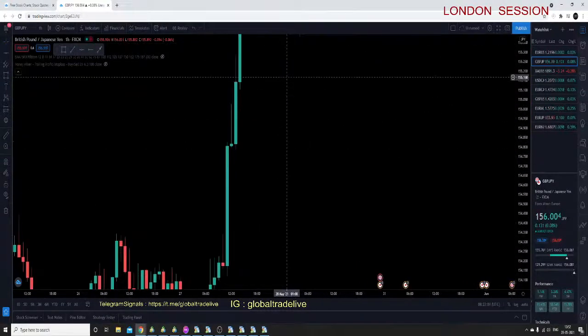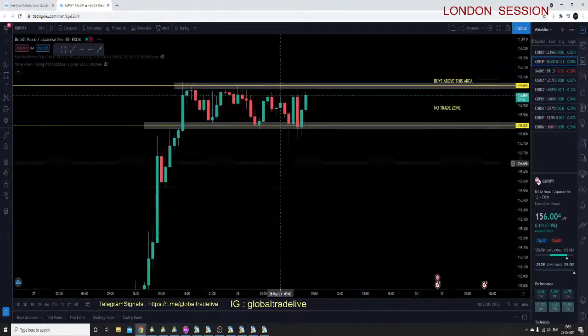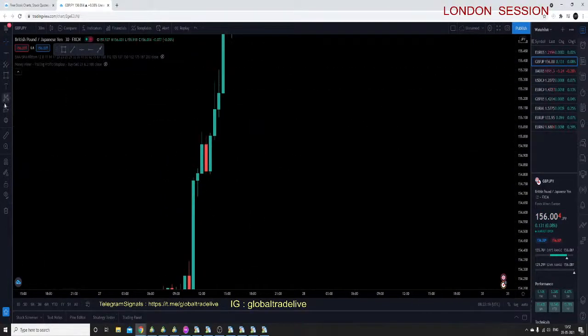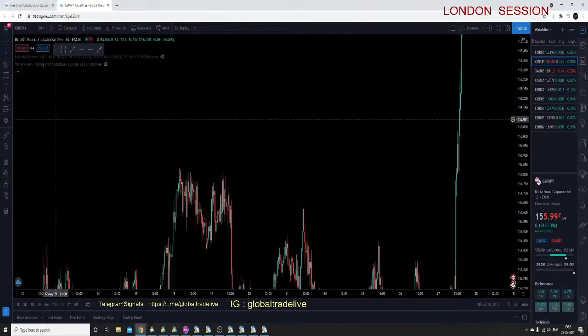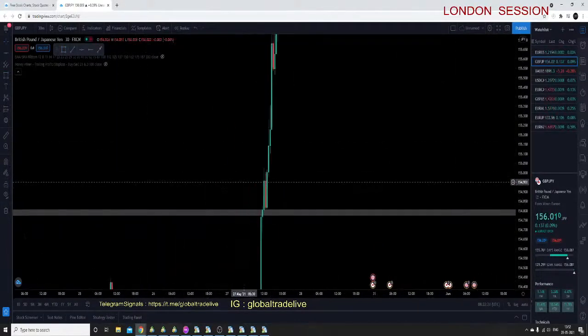I actually took a trade in GJ. Where did I take that trade? Let me just check. I think, yeah, here. I took this trade when this candle just came back. We had this level of resistance here.